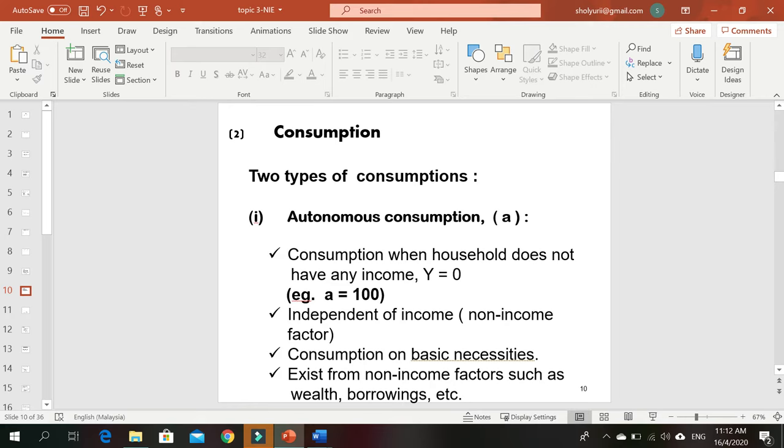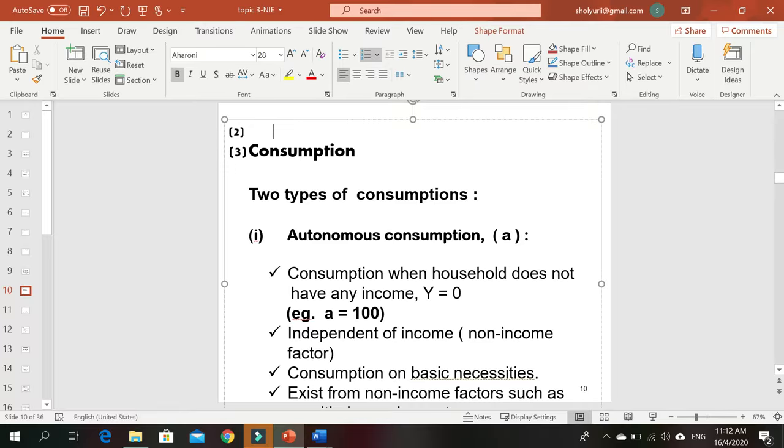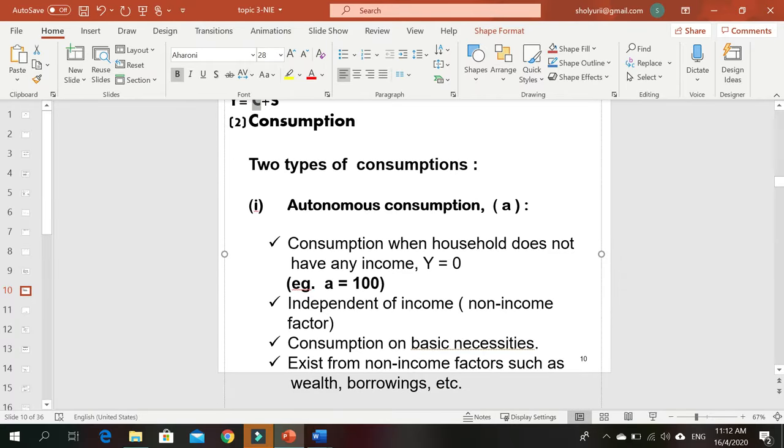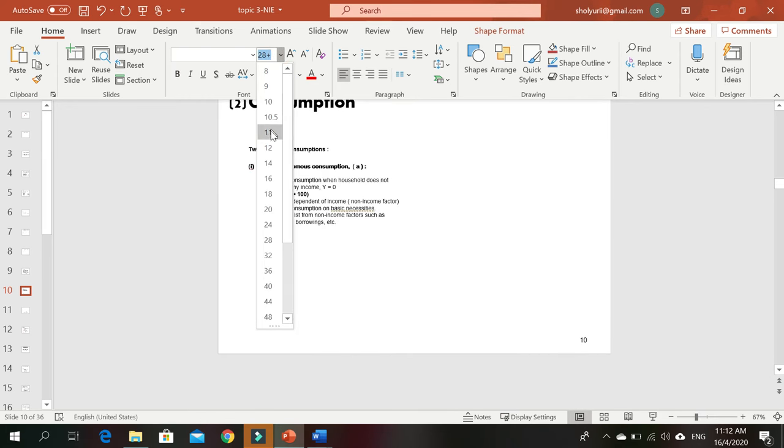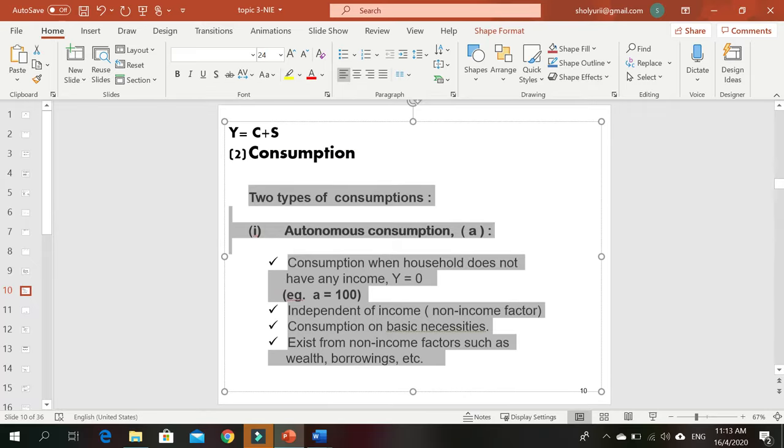Kita start dengan equation yang very simple, which is Y equals to C plus S. So dalam ni kita akan tengok dulu what are the components for C. Okay, dalam C ada dua benda.